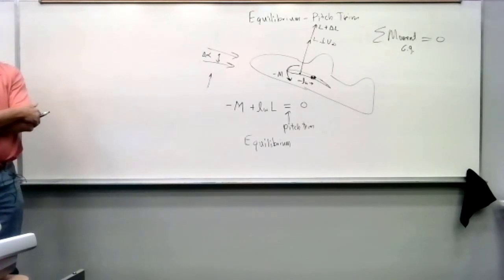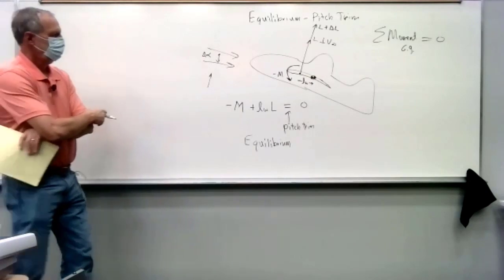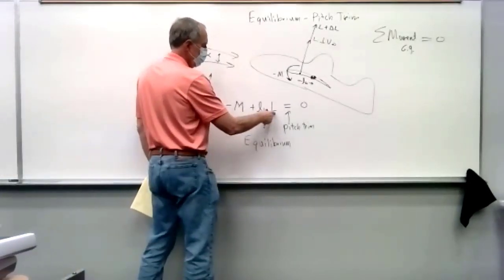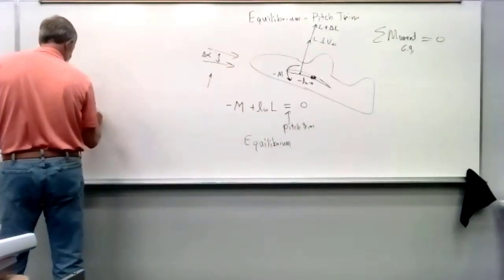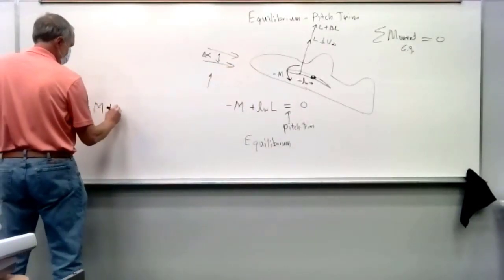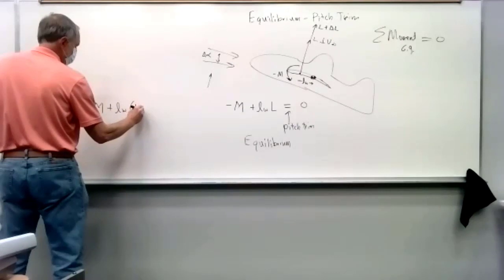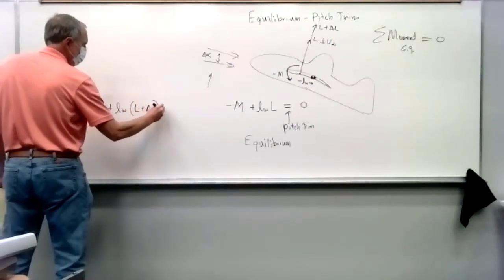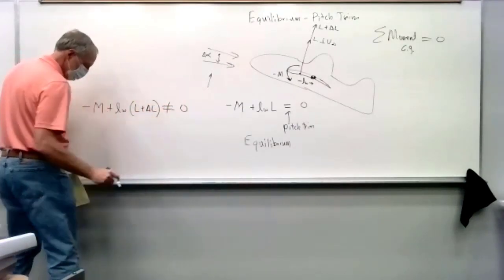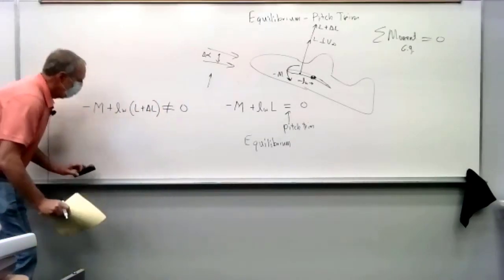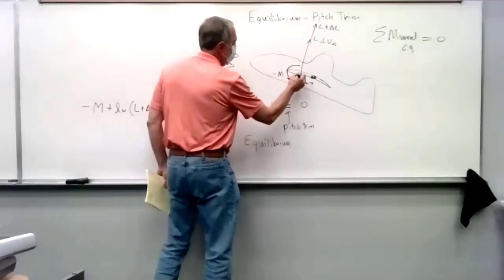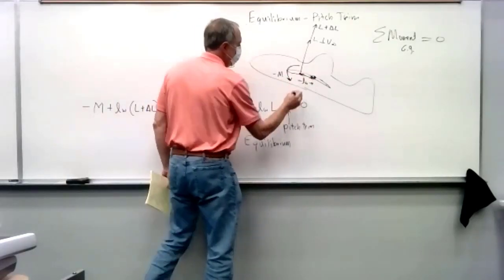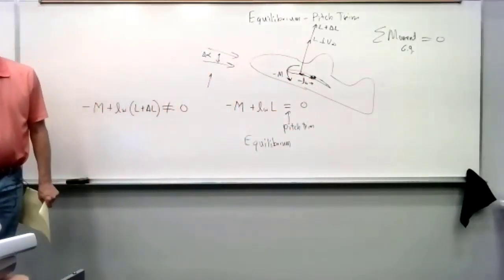So what happens? Here we had the lift with no gust, but now we've got more lift. So we've still got the same pitching moment, but now it's got that extra, and that's not going to be zero. And in fact, since the lift increases, and since the CG is behind the center of lift, the nose is going to pitch up.